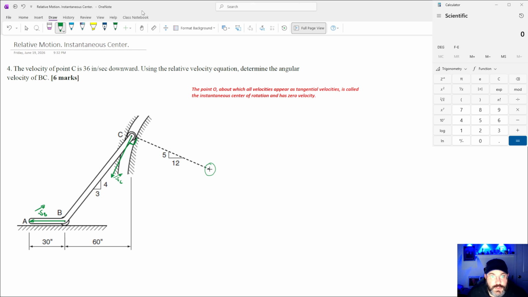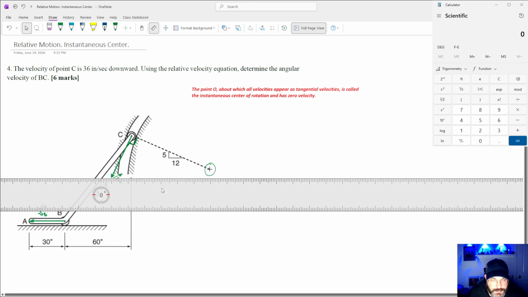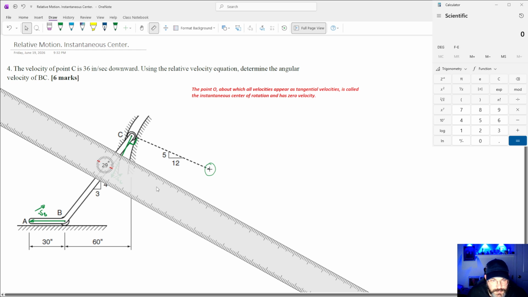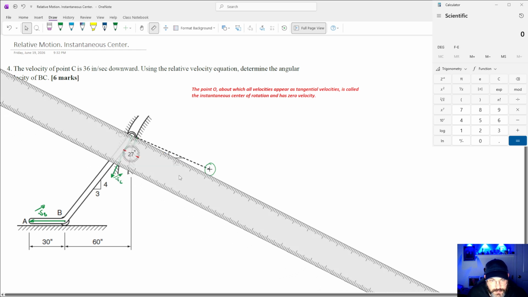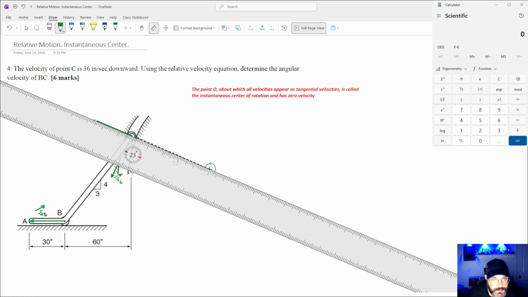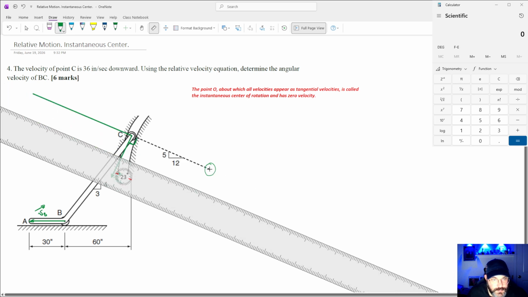Okay, good. To get that instantaneous center, since we know that all velocities are going to be tangential, we need to take lines perpendicular to those. Let's maybe use another color.